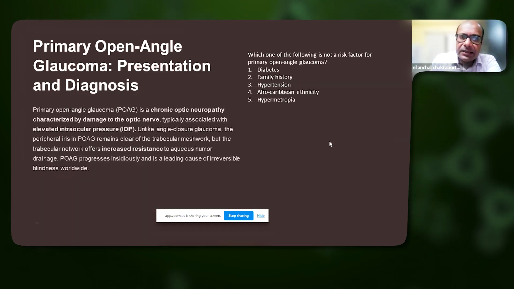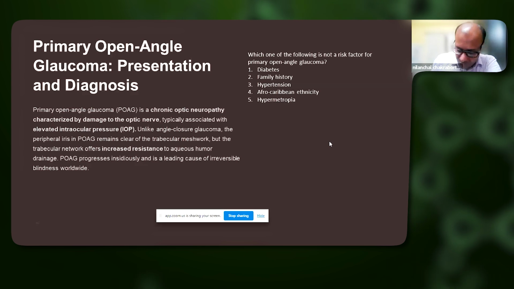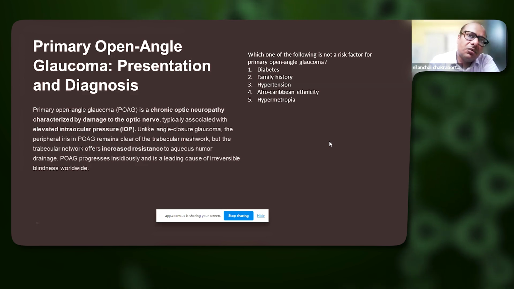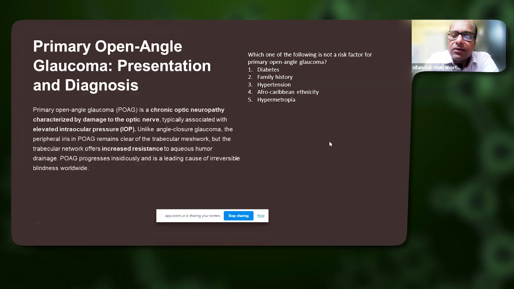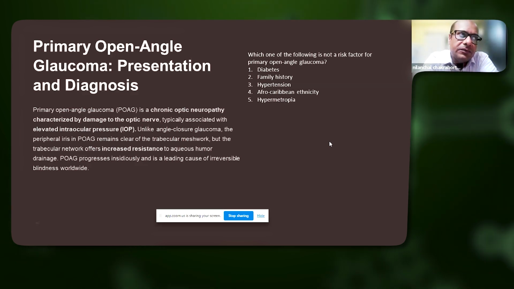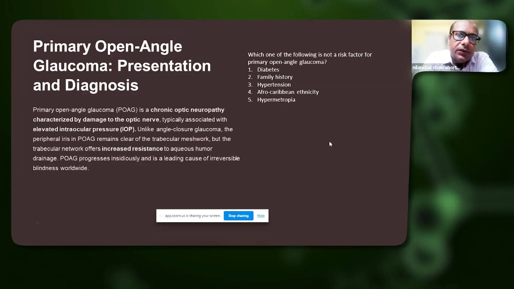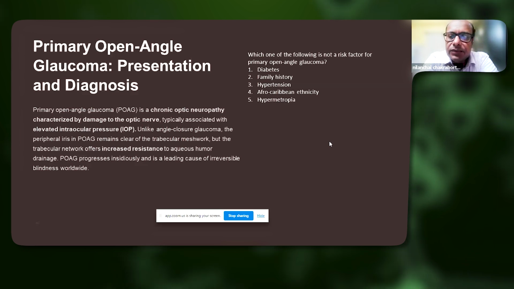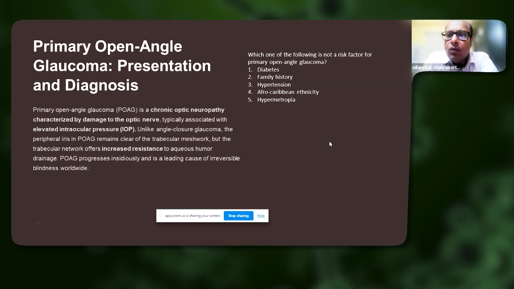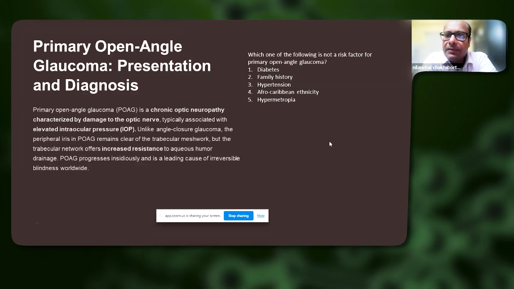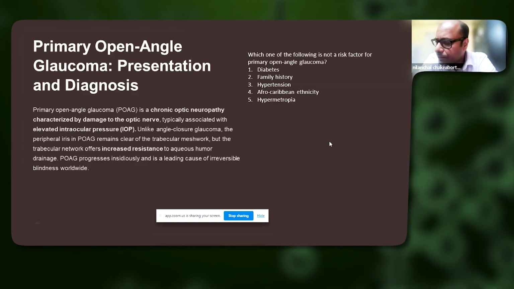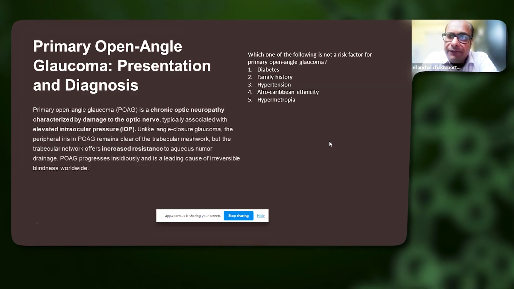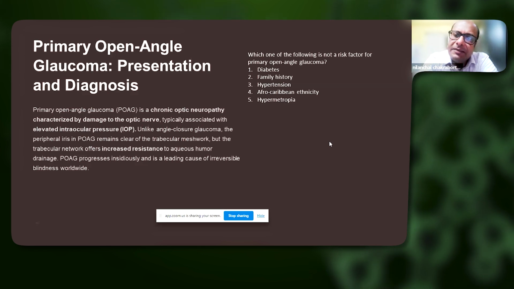Another topic is glaucoma. Two types: one is open angle glaucoma and the other is angle closure glaucoma. In open angle glaucoma specifically, there is no obstruction, so it is a problem with the flow. So the question is, what are the risk factors for primary open angle glaucoma: diabetes, family history, hypertension, Afro-Caribbean ethnicity, or hypermetropia?